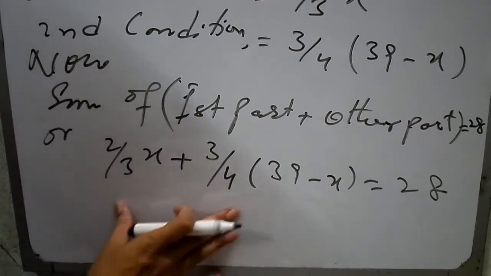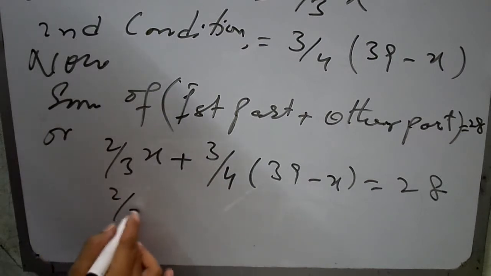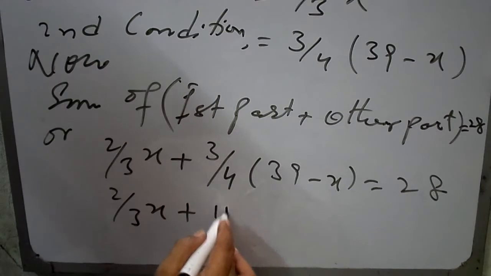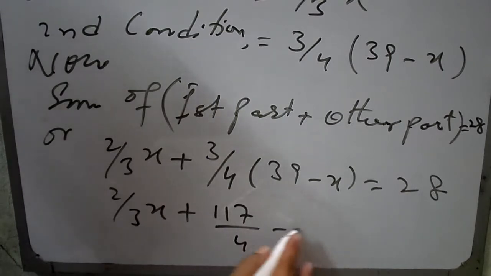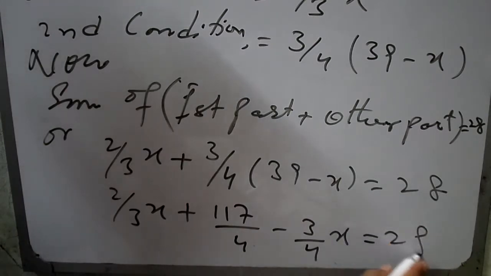So you have to simplify this and find the value of x. For example, how can you take the LCM? 2 by 3x plus 39 multiplied by 3, that is 117 by 4, minus 3 by 4x is equal to 28.